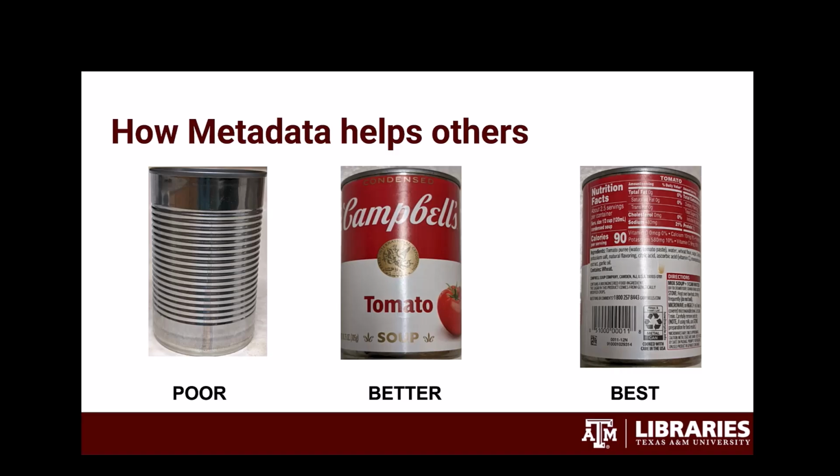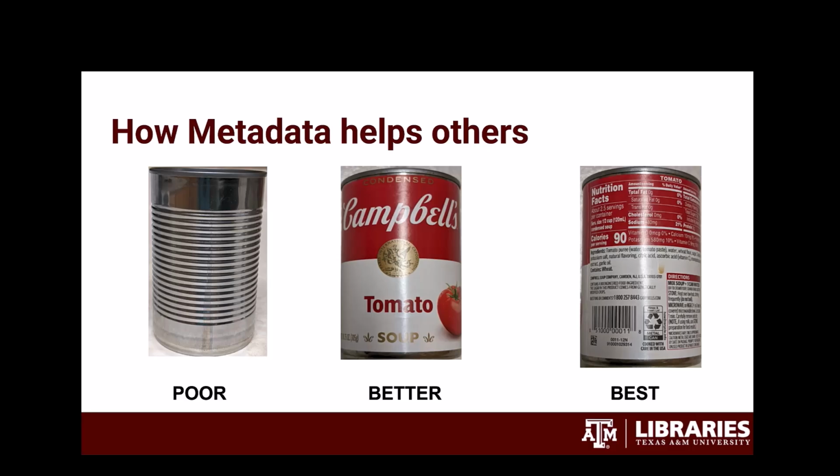In the middle photo, we can see the can's label has metadata that shows this is tomato soup, so we now know that it is an edible product. The label also includes metadata that shows the brand, food type, the food flavor, and size. But when you provide rich metadata, such as the label on the can on the right, there is information on the contents of the soup, so that now I can decide if I want to eat this can of soup or not.